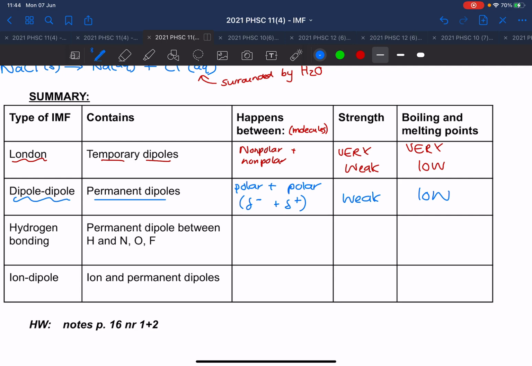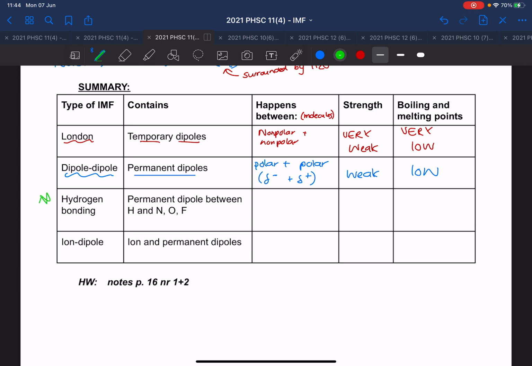Then we have hydrogen bonding, which is a very special type of dipole-dipole force. We said they form a permanent dipole between hydrogen and a small, highly electronegative atom. We look specifically at the ammonia molecule, the water molecule and the hydrogen fluoride molecule this year. Next year we will look at more, but this year we will only focus on those three molecules that have hydrogen bonding.